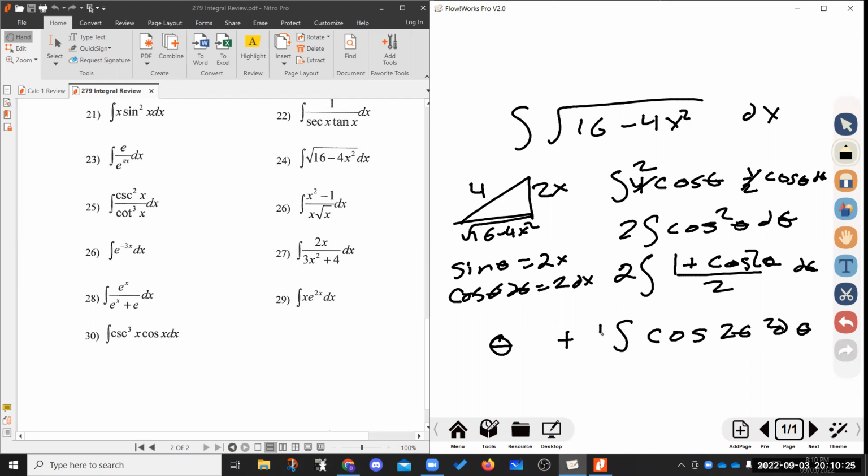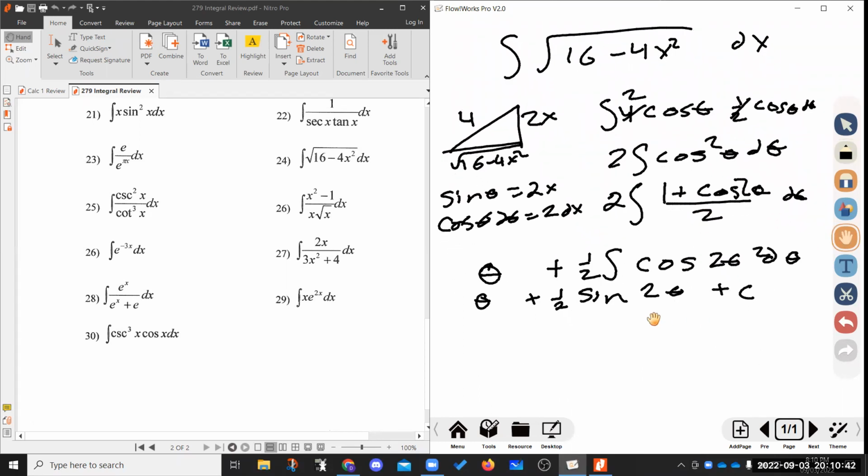I need a 2 and I need a 1/2 here. So this is going to be theta plus 1/2 sine of 2 theta plus c.